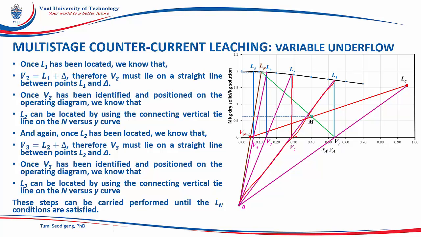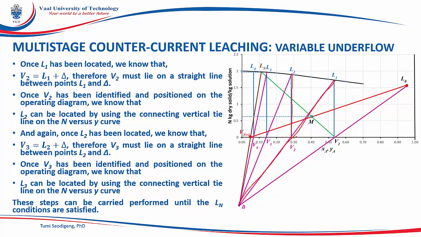Since V2 and L2 are both leaving stage 2 and therefore are in equilibrium, we just follow a vertical tie line until it gets us to the n versus y curve here. Once again, once L2 is positioned and located on the diagram, we know that V3 is equal to L2 plus delta.